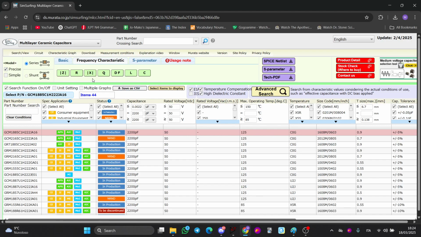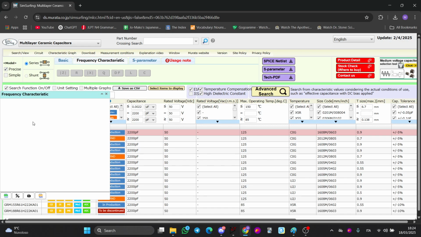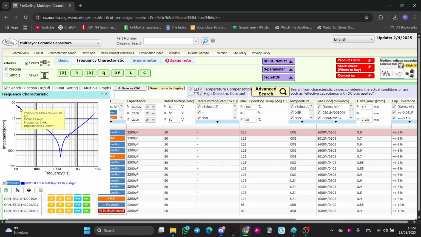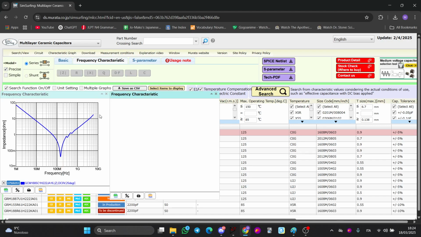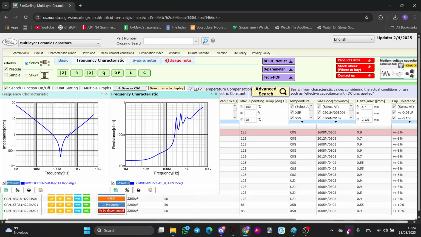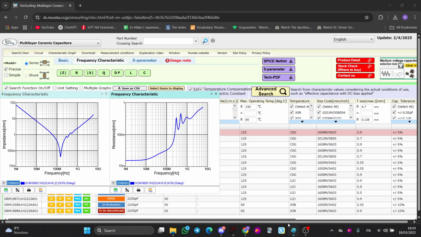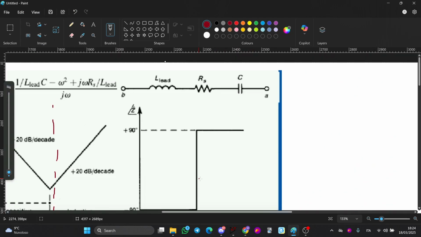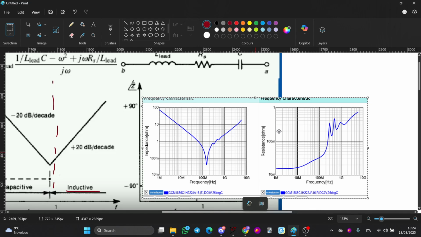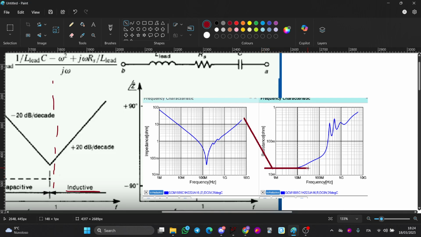this application. If you check the impedance, it's more or less like I told you before. So this is the impedance characteristics, and this is the ESL. Now, if you check the ESR characteristics, as I told you before, let's put them on the paint. It's exactly as I told you before. So the ESR, basically, you don't see it because it is from 1 megahertz, but it has a graph like this.